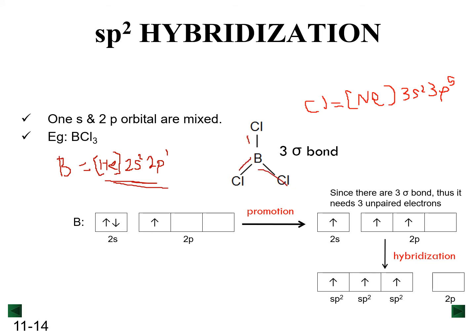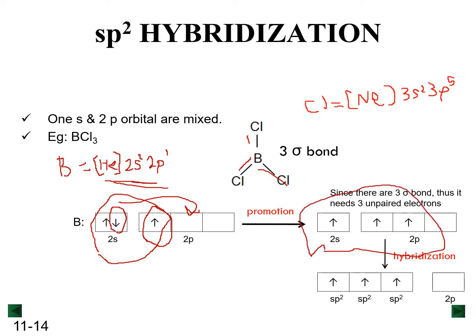But in the ground state valence orbitals, it cannot form the 3 bonds since it only has one unpaired electron. So what we need to do is promote one electron from 2s to 2p orbital, forming this.